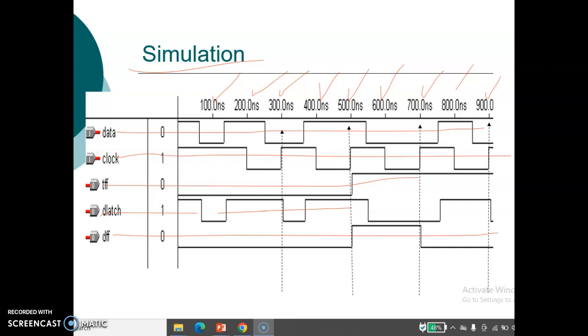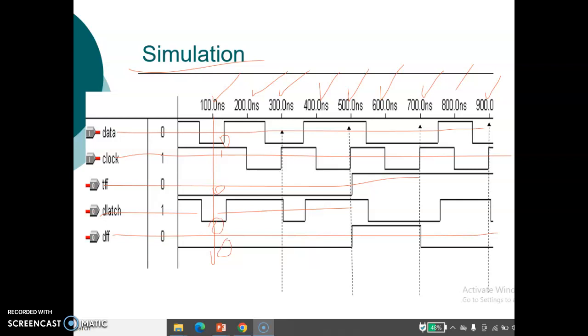In 100 nanoseconds, what is happening here? Here 0, here 1, here 0, here 0, here 0.